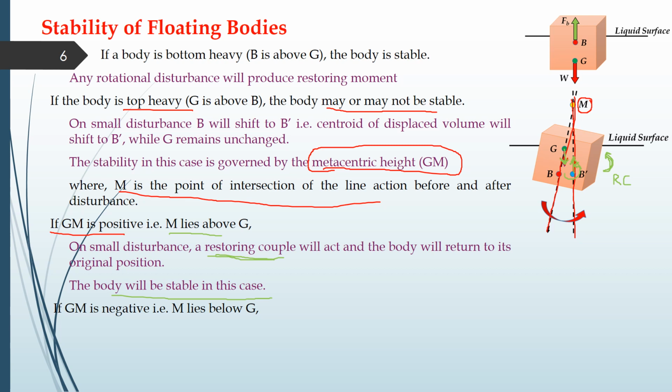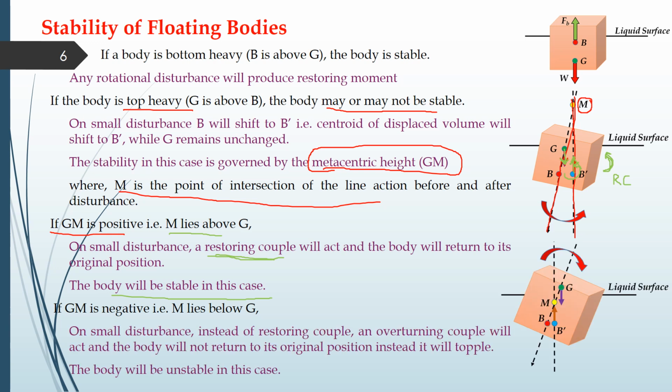Secondly, if GM is negative, which means M will be below G. There can be a case where M will be below G. So this is the second case where M is below G, that is, GM is negative. So with any small disturbance, instead of a restoring couple, an overturning couple will act, and the body will not return to its original position. Instead, it will topple.